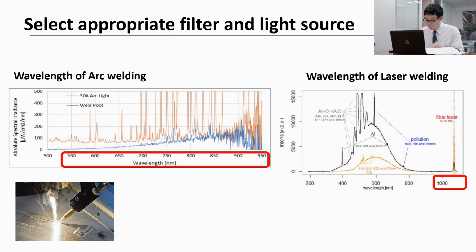In laser welding, it emits strong light near the laser wavelength. In this graph, it emits strong light near 1070 nanometer, for a fiber laser. Strong light of arc and laser will prevent visualizing the welding pool. So it is difficult to visualize the welding pool with a camera in normal status.